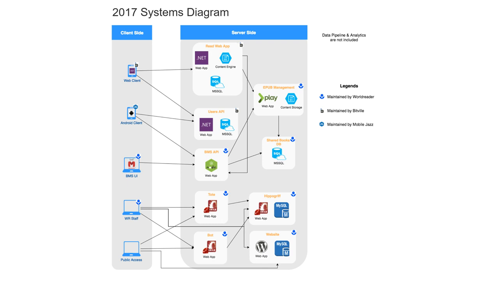And that blob storage you're referring to is represented here where it says shared books DB? Can that represent the blob storage, or does this database have a different purpose? No, the blob storage would be the content and storage inside the EPUB management box. That is what I'm calling the blob storage.